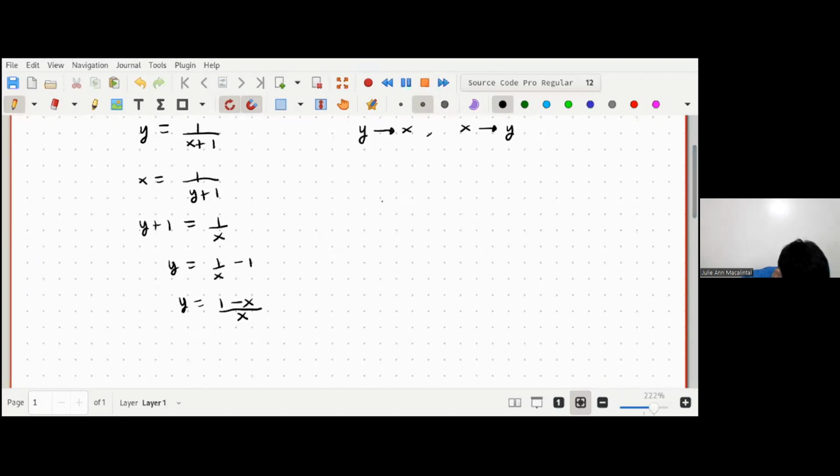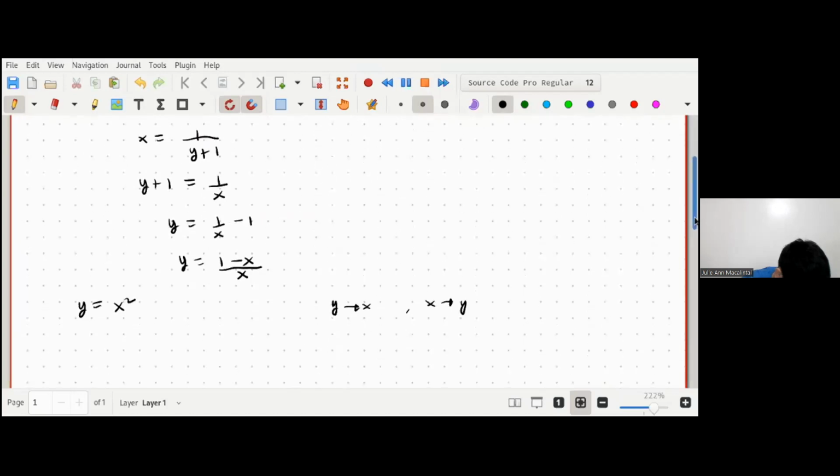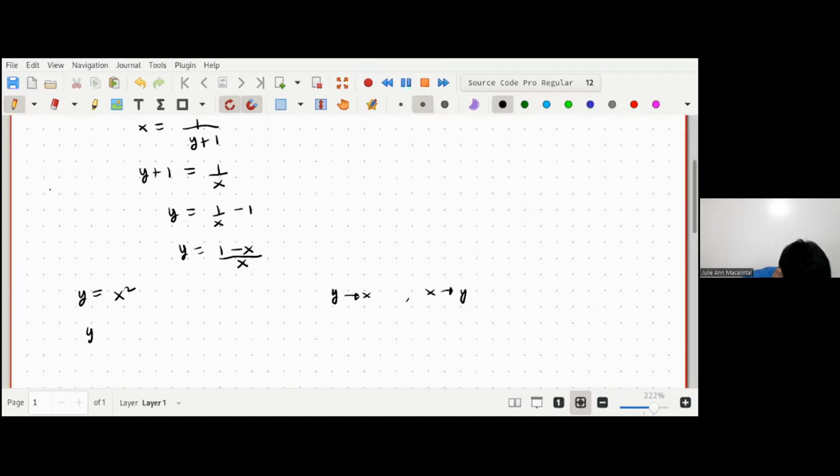O sige. Next, yung y equals x squared. Ano inverse function? The inverse function, lahat ng y gawin nating x, lahat ng x gawin nating y. So, we get x equals y squared, and then y is equal to, kailangan nating mag-decide alin yung kapares dapat or ano yung inverse.